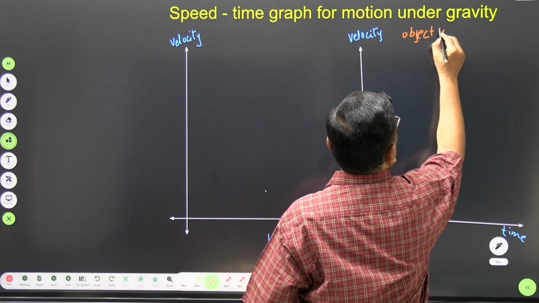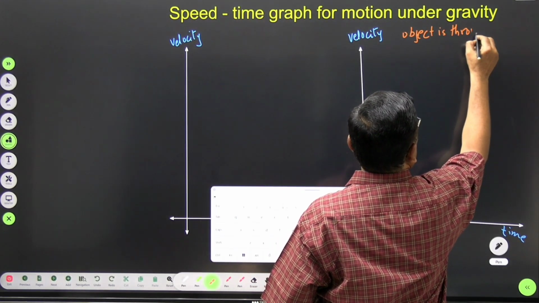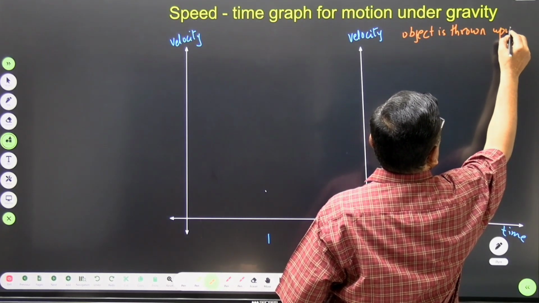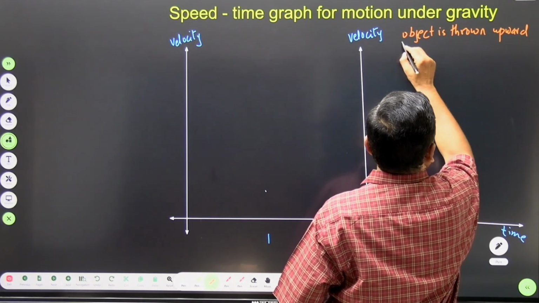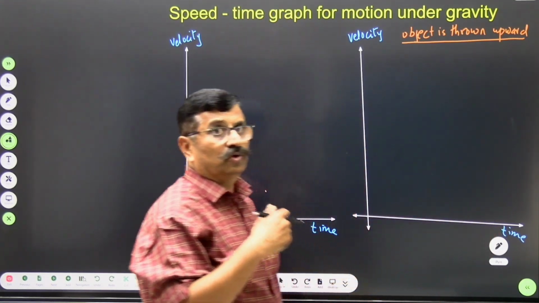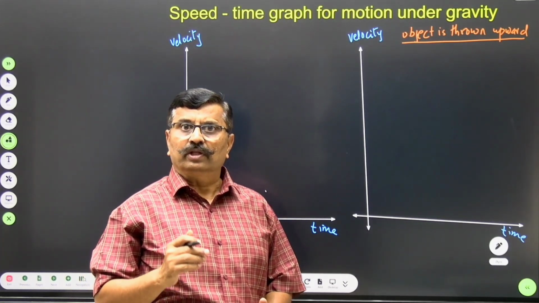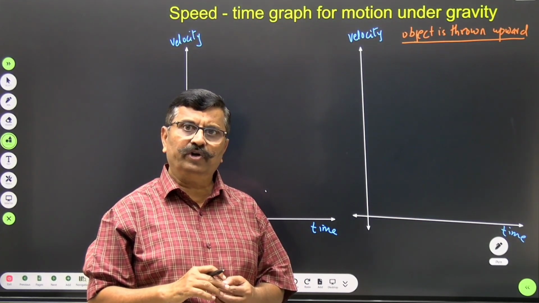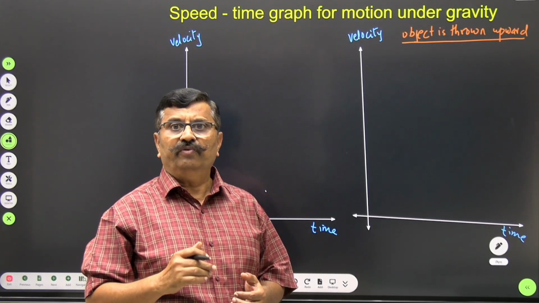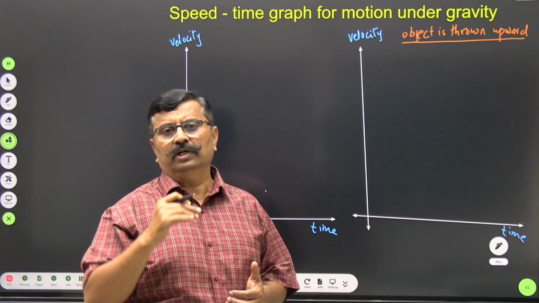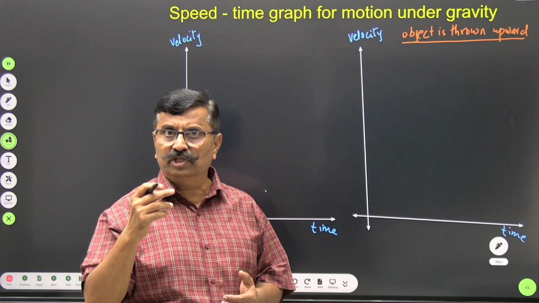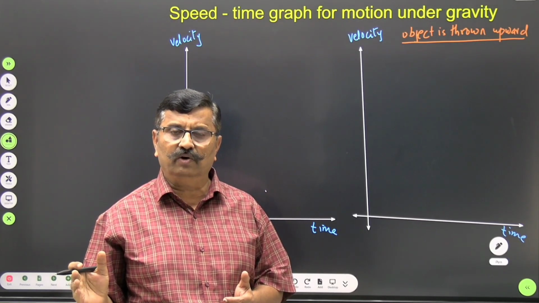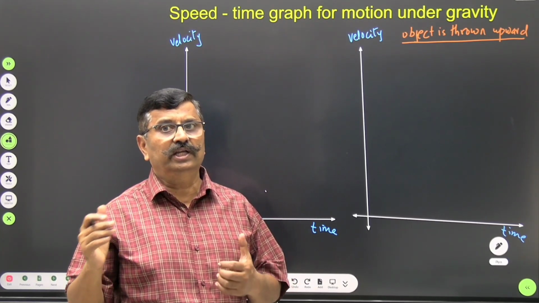Object is thrown upward. When object is thrown upward, the body is moving against gravity, hence the velocity of the body decreases, and when it reaches the highest point, velocity of the body becomes 0 and the body starts falling down, and when the body starts falling down, the velocity of the body increases.